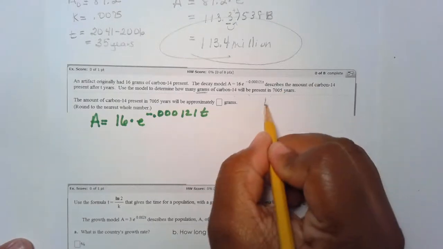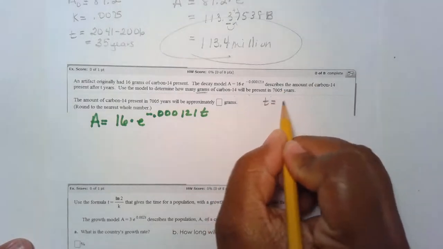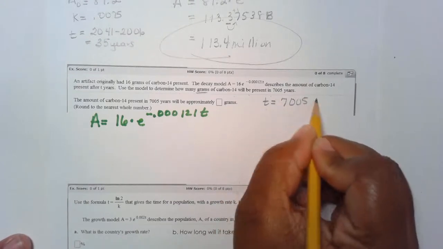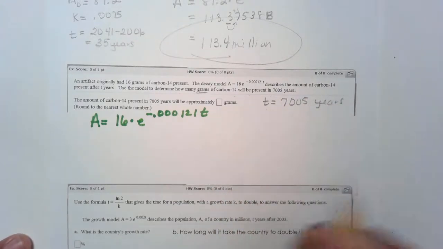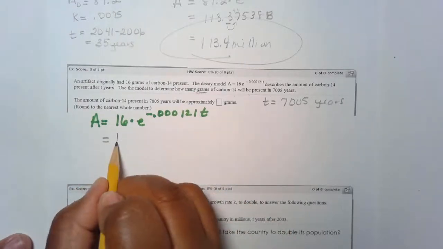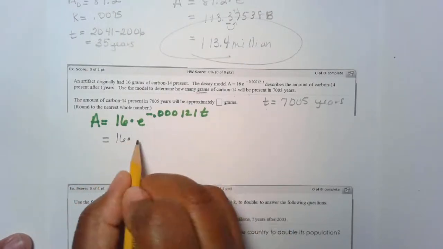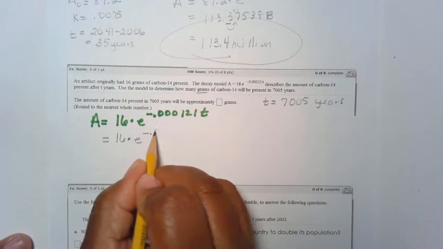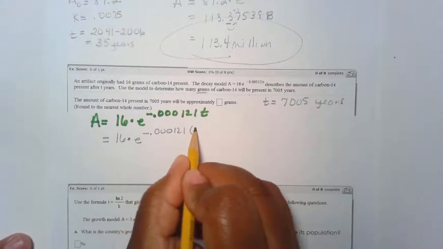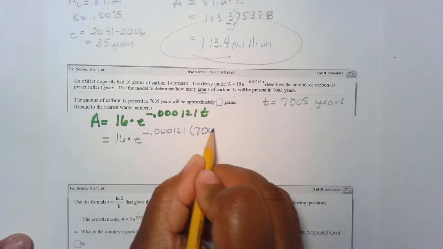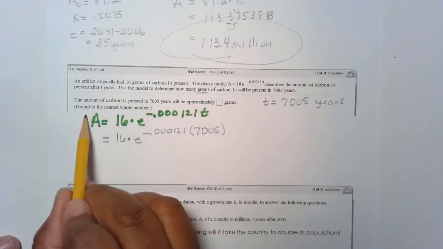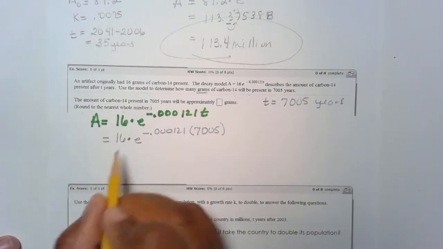So we're going to let t represent, of course, our time, which will be 7,005 years. So we're going to put this information into our formula. 16 times e to the negative 0.000121 times that 7,005. And what does it say? It says round to the nearest whole number.